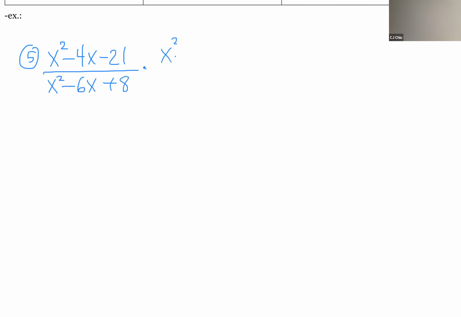So let's look at one where we are multiplying and we need to factor. So x squared minus 6x plus 8 times x squared minus 4x, over x squared minus 2x minus 35, okay? So in this case, you can't cancel out anything because you have subtraction and addition in between, okay?